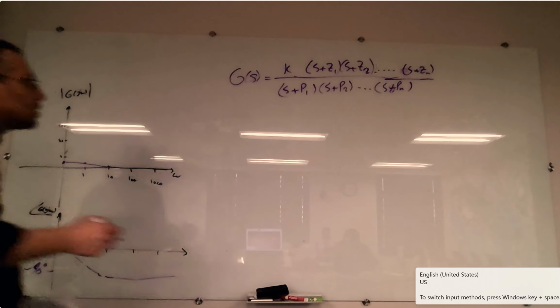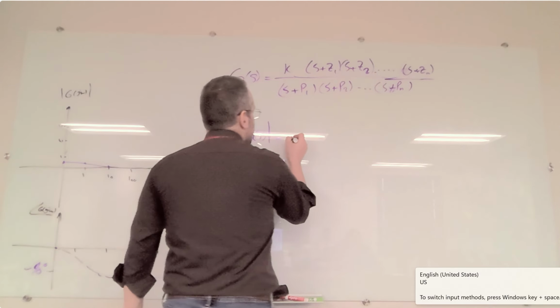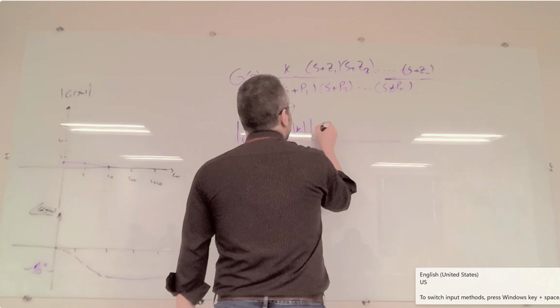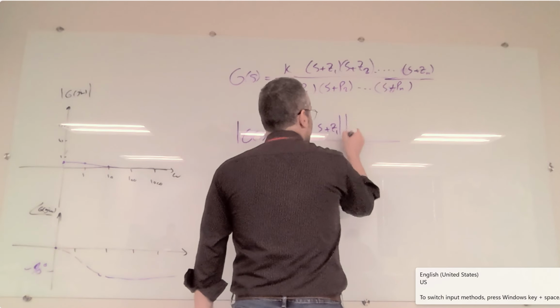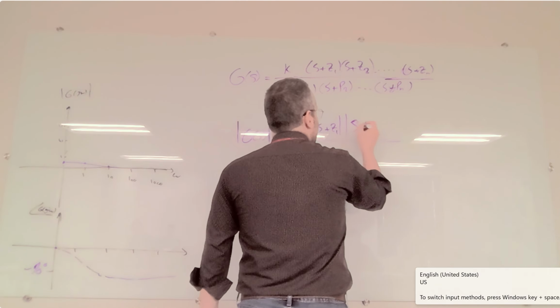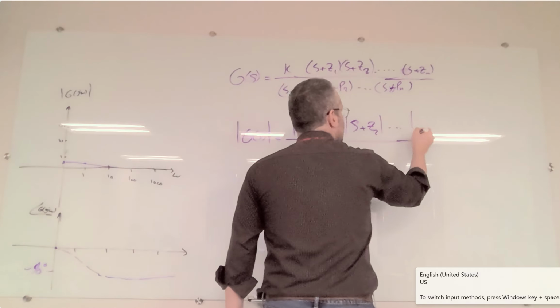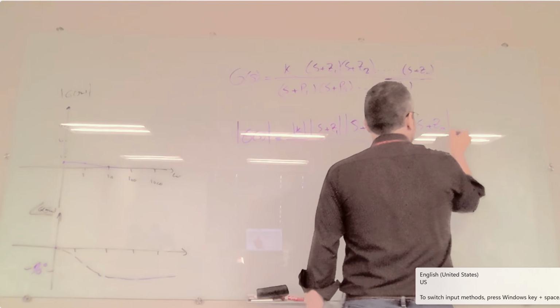So for example, the amplitude is going to be the amplitude of K times the amplitude of what happened in the first zero, times the amplitude of what happened in the second zero, all the way to the last zero.